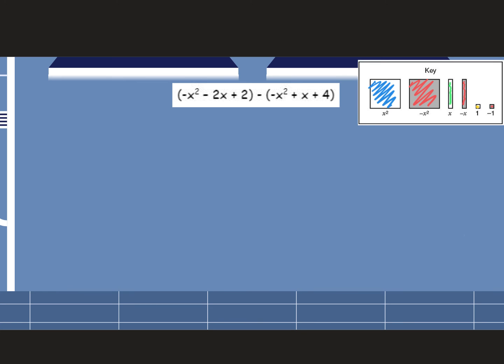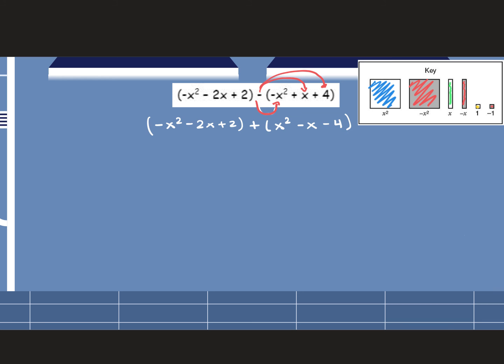So here I'm going to go ahead and distribute this negative to everything in my parentheses. So I'm actually going to rewrite this. I'm going to have negative x squared minus 2x plus 2. That's going to stay the same. But I'm going to have plus x squared minus x minus 4.